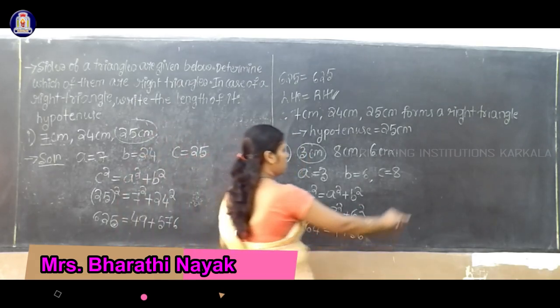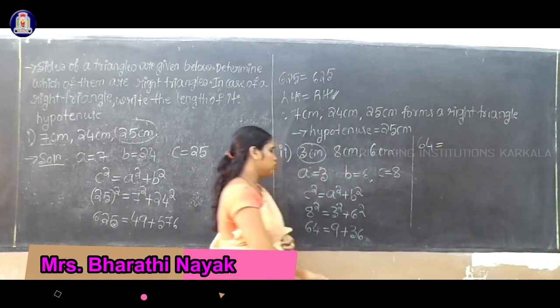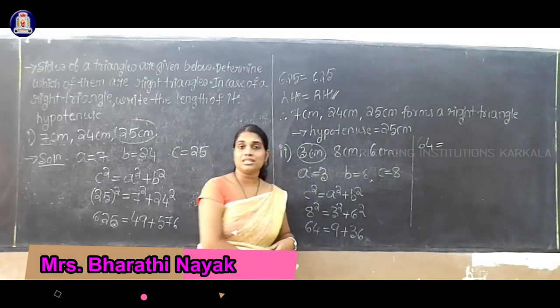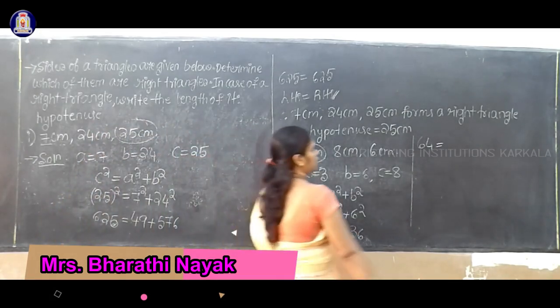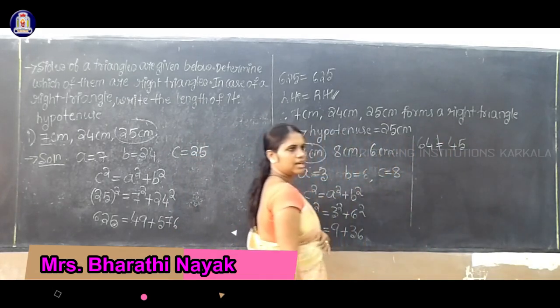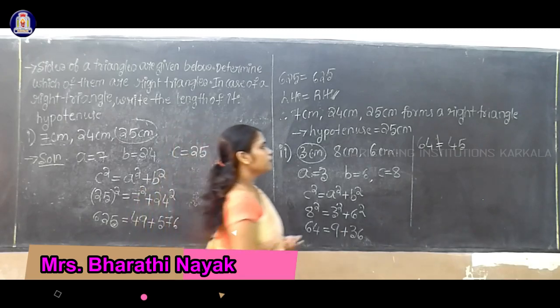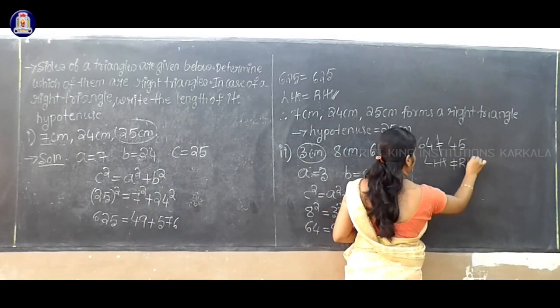Now we will simplify. Left hand side will be 64, equal to, add these two numbers, 36 plus 9, how much? 45. So can you say left hand side is equal to right hand side here? No, isn't it? So LHS is not equal to RHS.